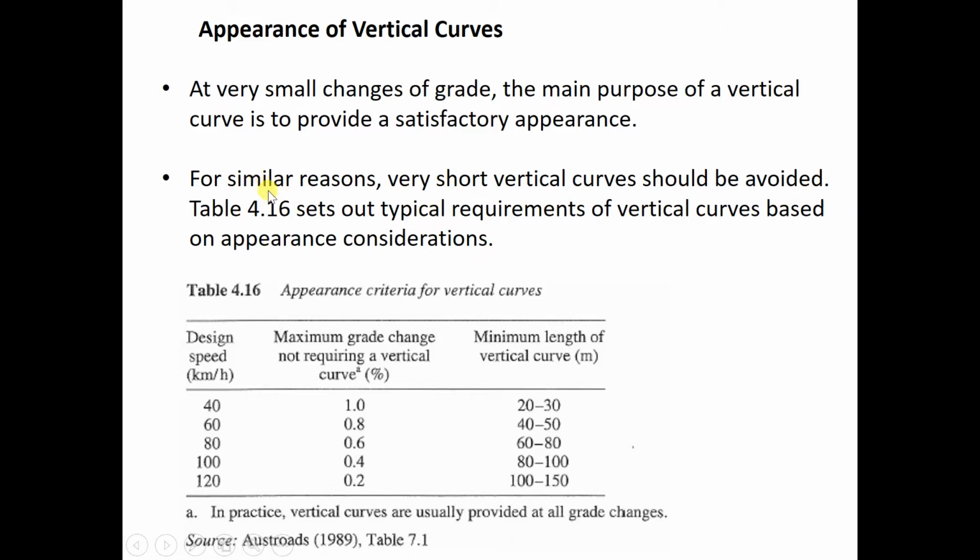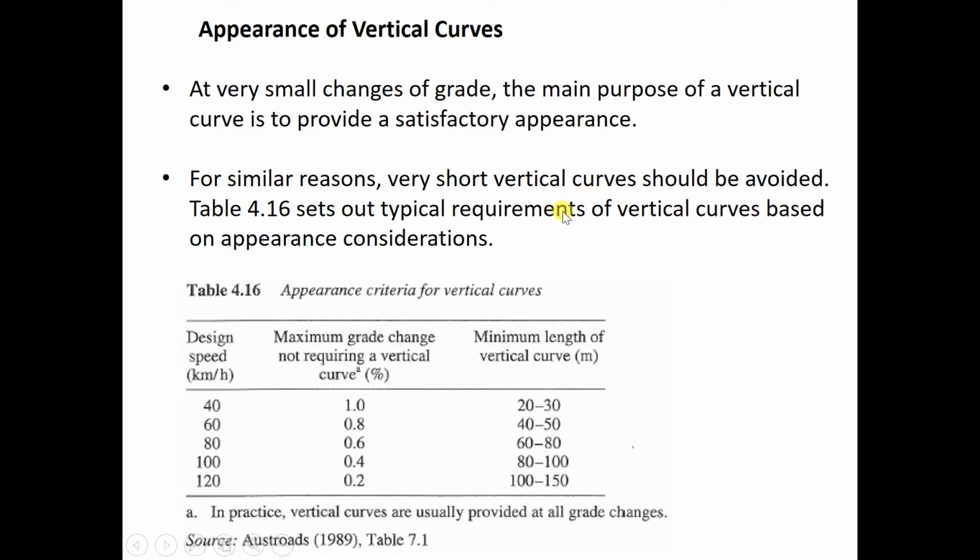For a similar reason, very short vertical curves should be avoided. The vertical curve should not be too short. It's the same as the horizontal curve as well. Horizontal curves, we don't want them to be too short, the same as for vertical curves. The main concern for vertical curves is comfort and visibility.